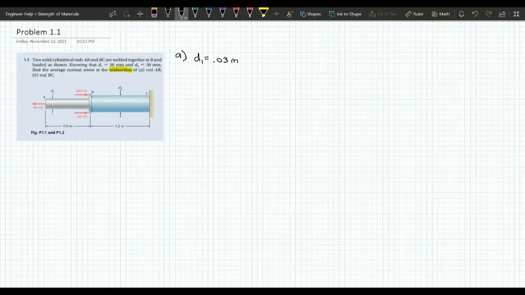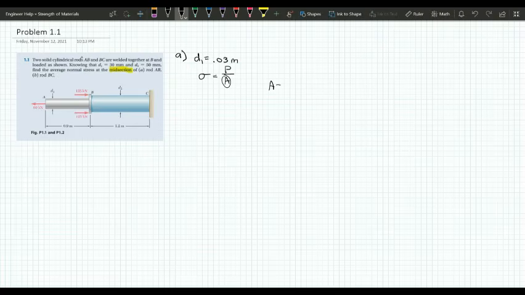Alright, now recall that the formula for normal stress is equal to the force P divided by the area which it acts on. So first things first, let's find the area of section AB. So the diameter is 0.03 meters.